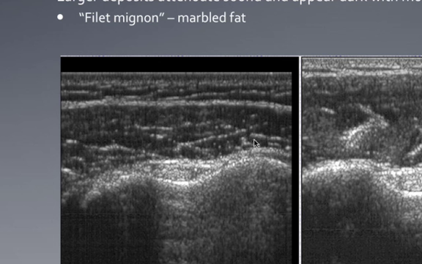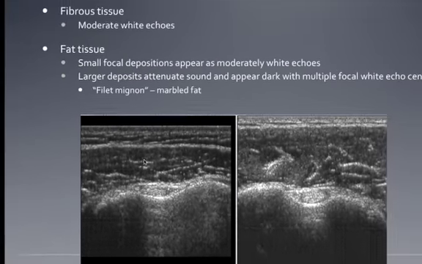So this is what muscle is going to look like, soft tissue. They call this a starry night or a filet mignon sort of look. Here we're seeing a cross-sectional view of muscle. We see a lot of dark interspersed with more white, sort of fatty deposits in the muscle. So that's what a muscle is going to look like.